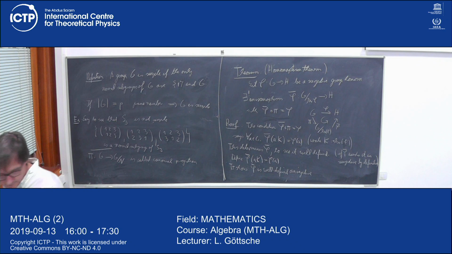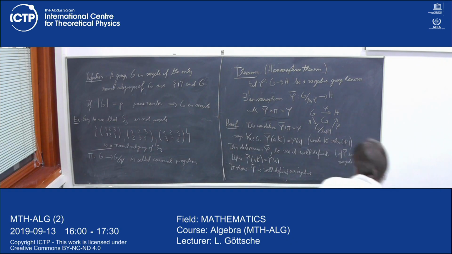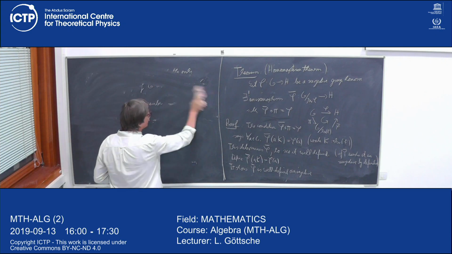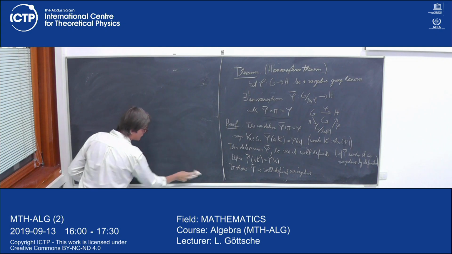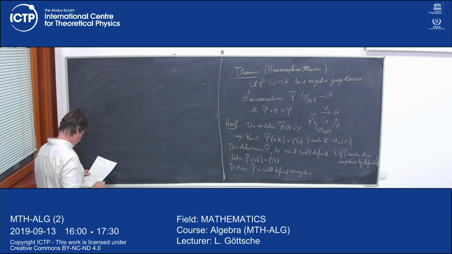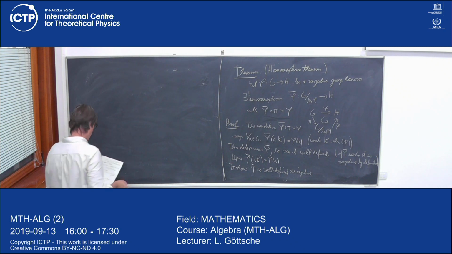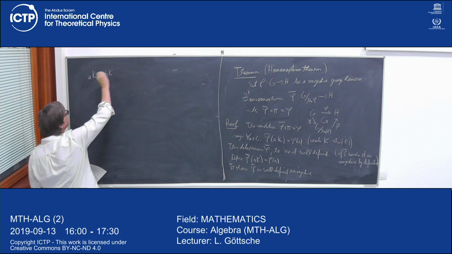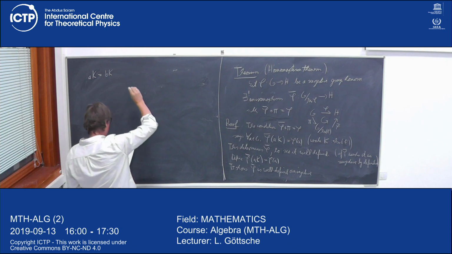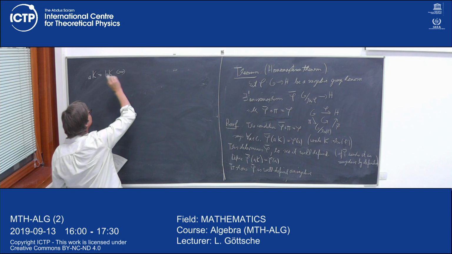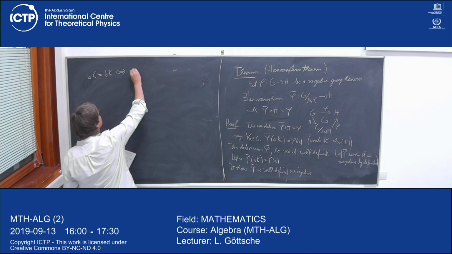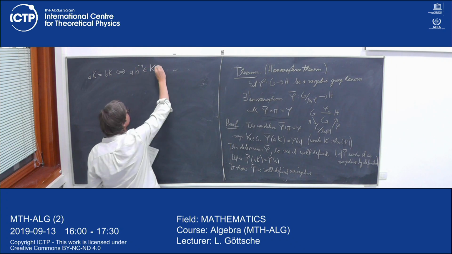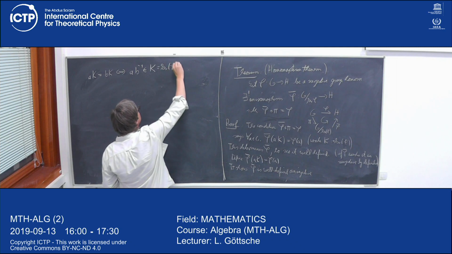So we have AK is equal to BK if and only if A times B to the minus 1 is an element in K, the kernel of phi.